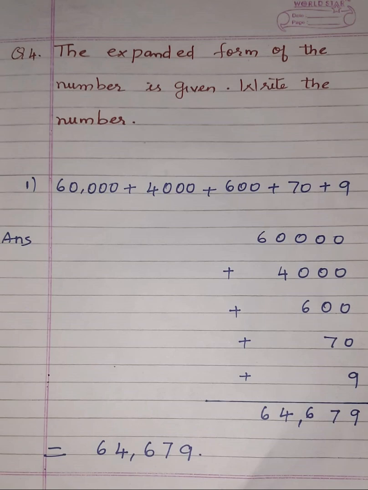So here 0 plus 0 is 0, 0 plus 0 is 0, 0 plus 7 is 7. So we write 7 in the tens place. Okay. Next we move on to the hundreds place: 0 plus 0 is 0, 0 plus 6 is 6. So we write 6 in the hundreds place. Then finally 0 plus 4 is 4. Then we write 4 in the thousands place.